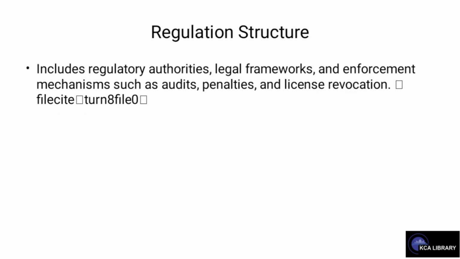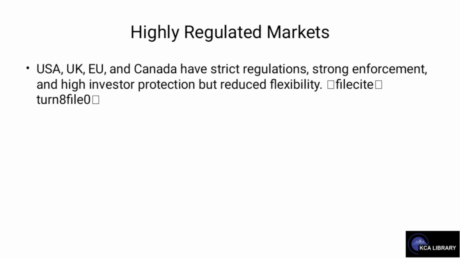Let's look at regulation structure. Regulation structure includes regulatory authorities, legal frameworks, and enforcement mechanisms such as audit, penalties, and license revocation. Highly regulated markets include the USA, UK, EU, and Canada.